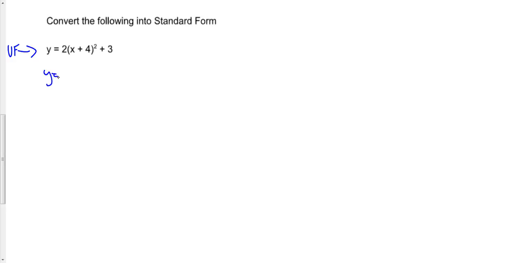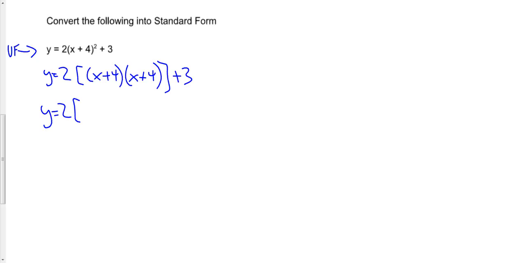So we end up with y is equal to 2 times x plus 4 times x plus 4, and at the end there's a plus 3. We're going to deal with that plus 3 at the end, but we're just going to do one step at a time here. Now we're going to expand out what's in the middle brackets by multiplying the two binomials together.